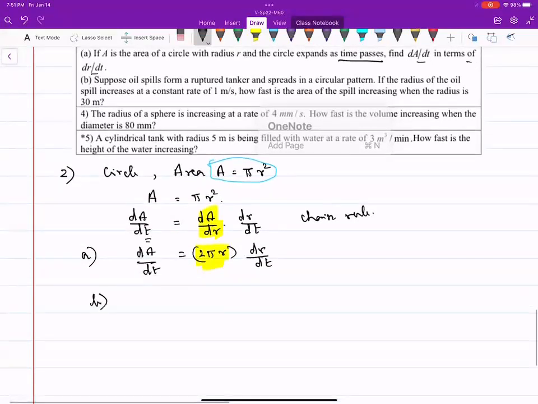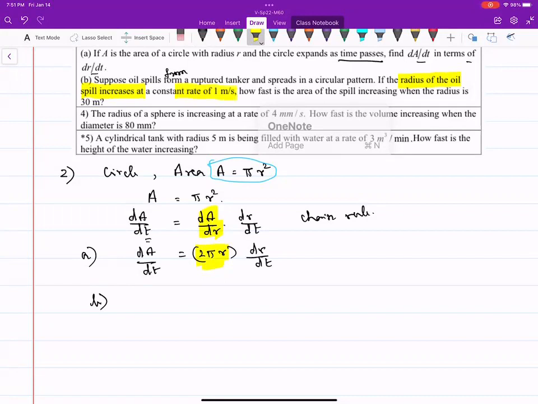The second part: suppose the oil spills from the tank and spreads in a circular pattern. If the radius of the oil spill increases at a constant rate of 1 meter per second. When you read this part, the rate means the derivative.